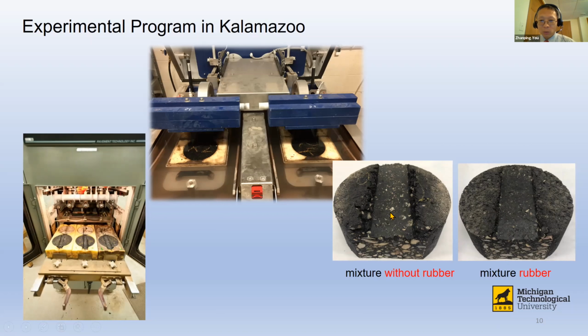One is a mixture without rubber, which means it is a conventional asphalt mixture. The rear corner is the asphalt with rubber. Obviously, even by eye, we can see that with rubber, fewer ruts are generated. That means this material with rubber is better than the conventional asphalt.